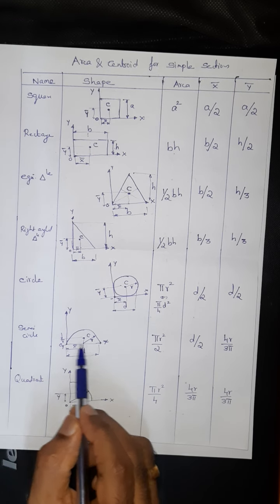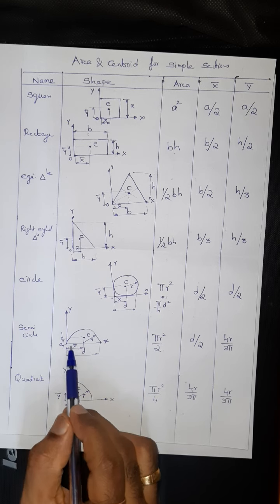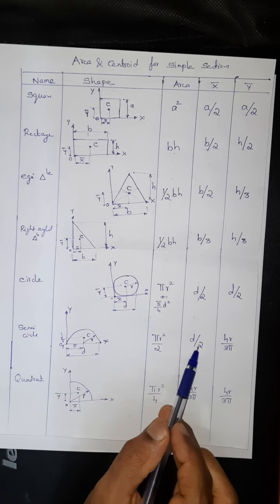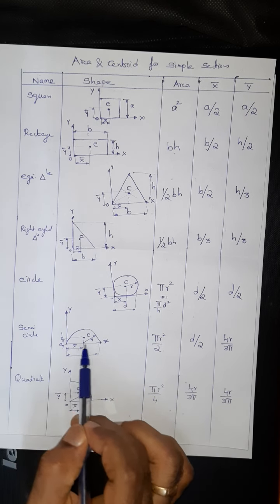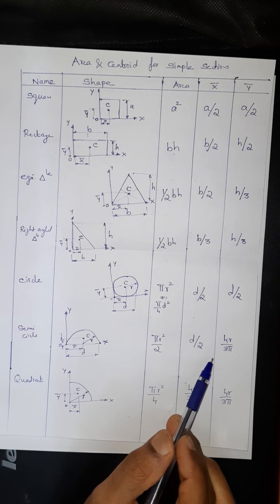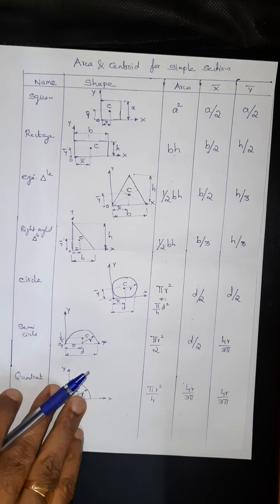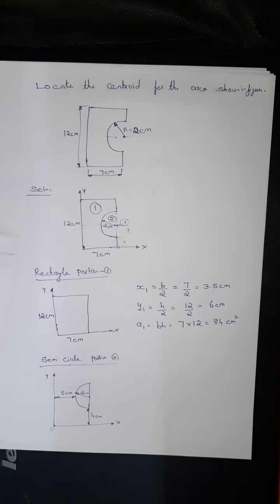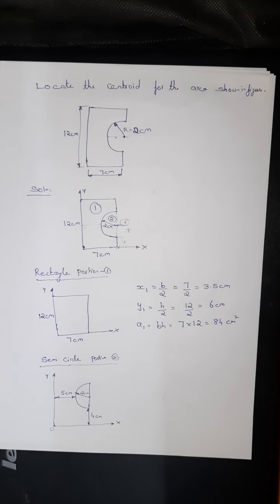Look at the position. For this position only this formula is arrived at. But here the position is totally different. Look at here, it is in this way. So you will have to see the different quadrants.